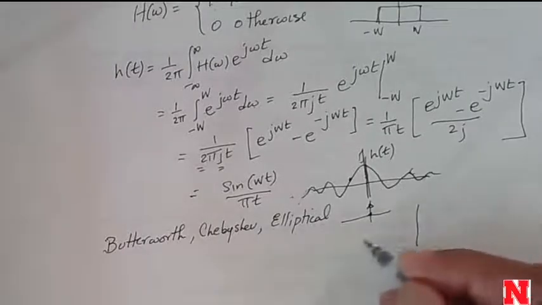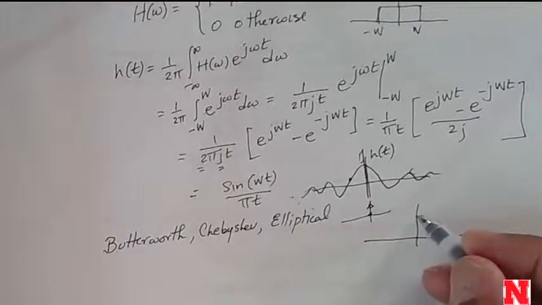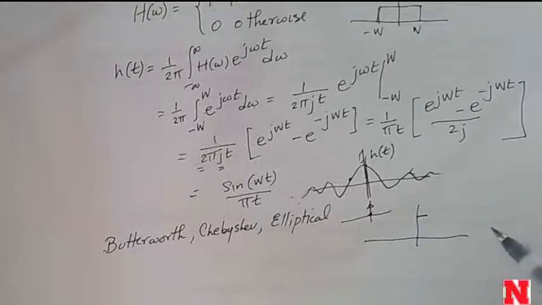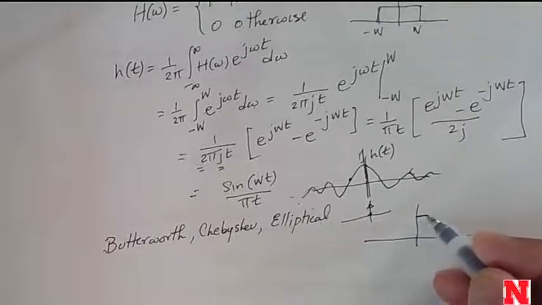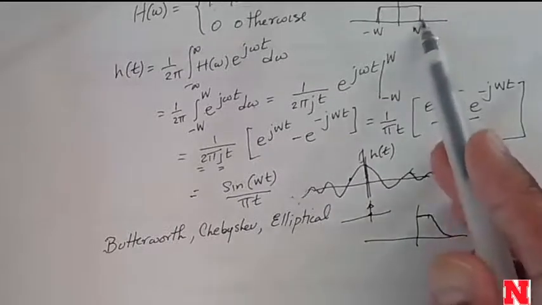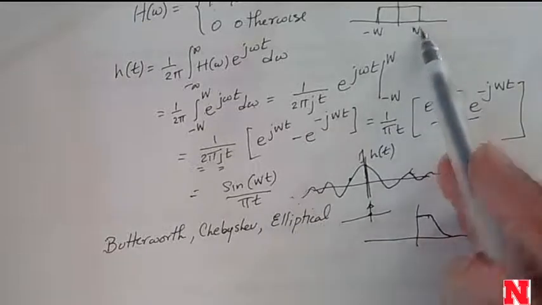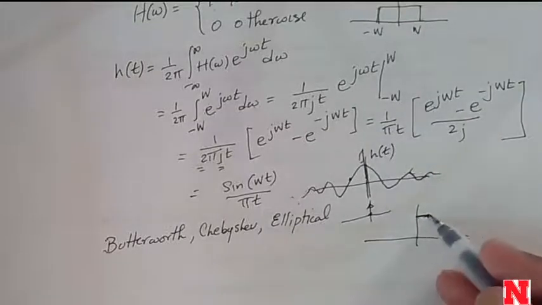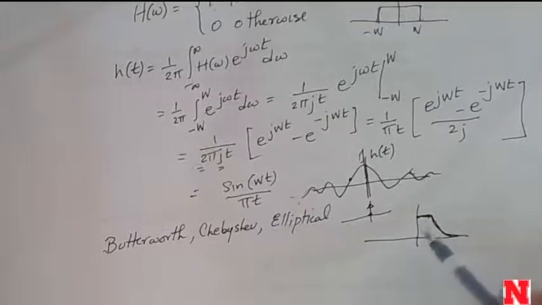The Butterworth filter is kind of nice. It has a reasonably flat passband, but then it doesn't go down the way this one does. It doesn't have that sharp transition, and it kind of rolls off. And depending on the order of the filter, you can make it a higher or lower order filter. The higher the order of the filter, the more complex your system is going to be, but the sharper the transition you can get.